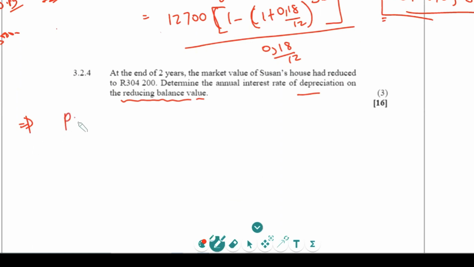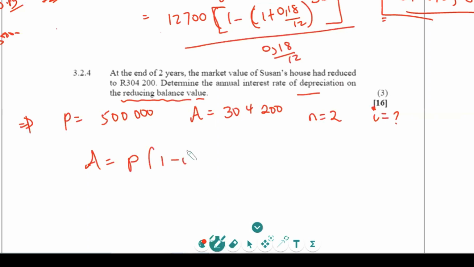So our P, the initial value, will be the 500,000, and then our A is going to be the 304,200. Then our N, they said after 2 years, and they want us to determine the I. So the formula for reducing balance is A equals P into 1 minus I to the exponent of n. Do the substitution. So 304,200 is equal to 500,000 into 1 minus I to the exponent of 2.